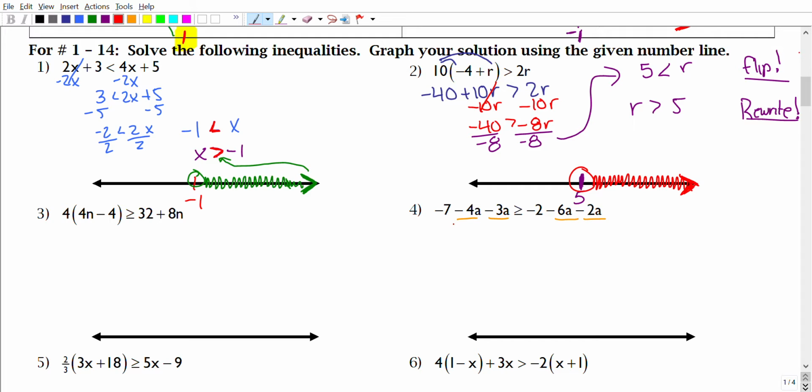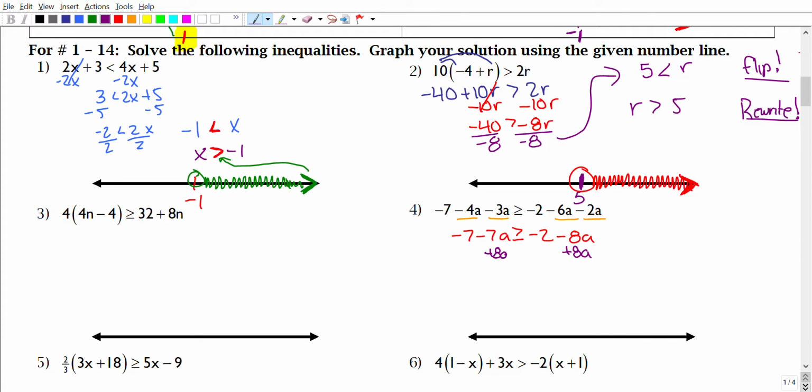So we get -7, that becomes a -7a, it's greater than or equal to -2, and what is that? -8a. Okay, now I have combined like terms. Now I just get the variable on one side. Well, let's move the smaller one. In this case, it's the -8a.